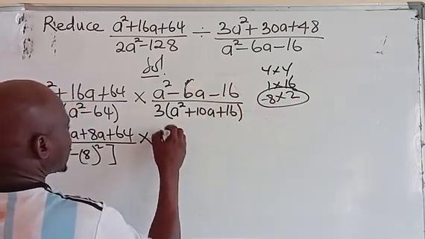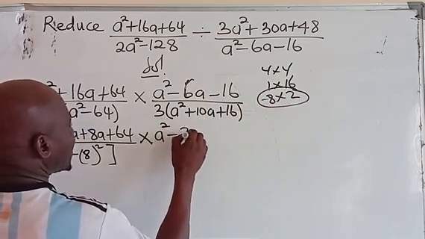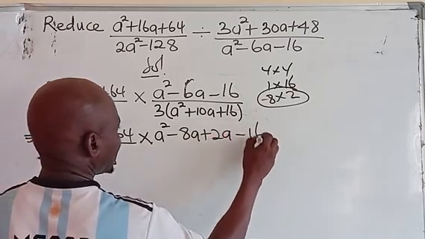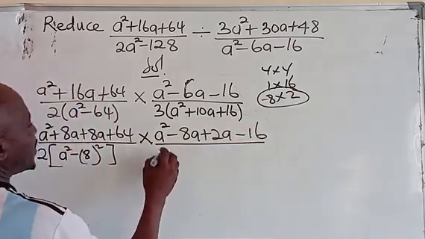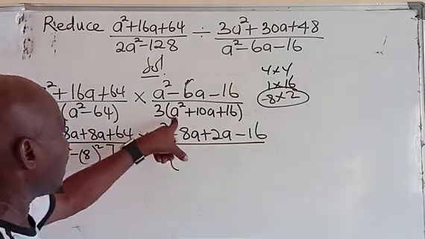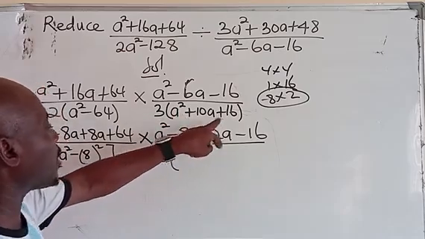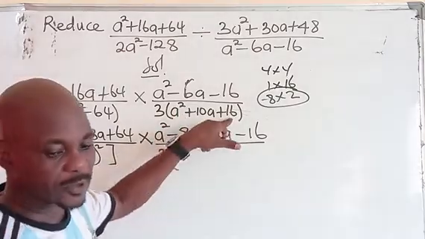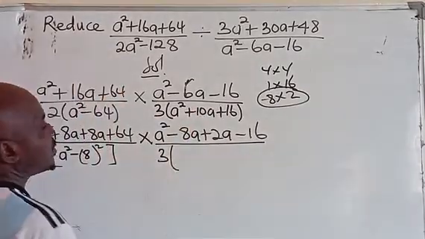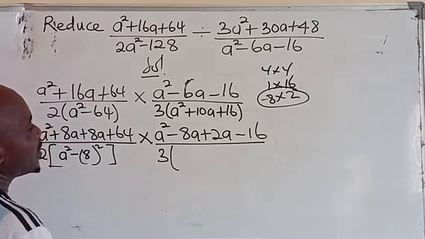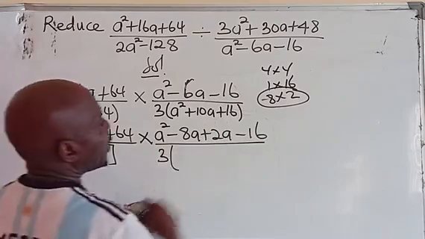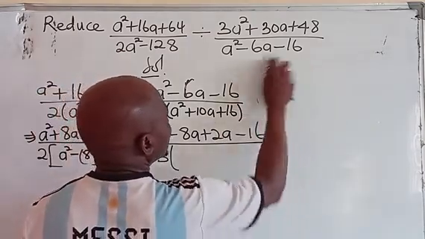So this gives me a squared minus 8a plus 2a minus 16 all over 3 into, again, I'm looking for two numbers. When I multiply, I'll get 16. When I add, I'll get 10. So that should be 2 and 8. This time, all of them are positive.